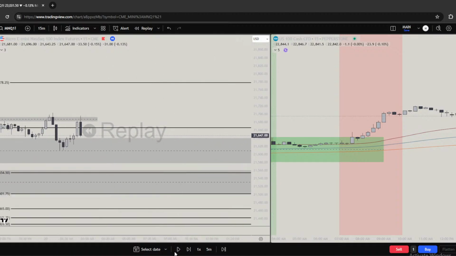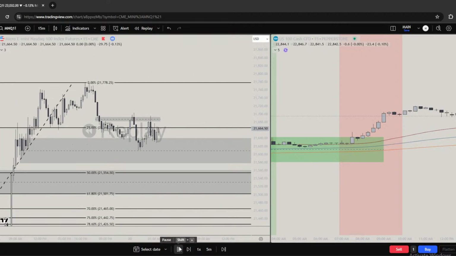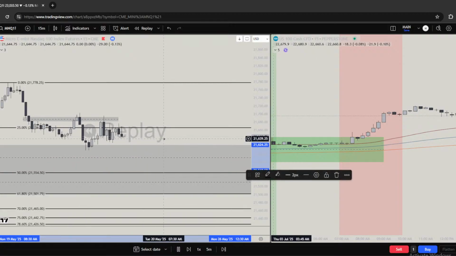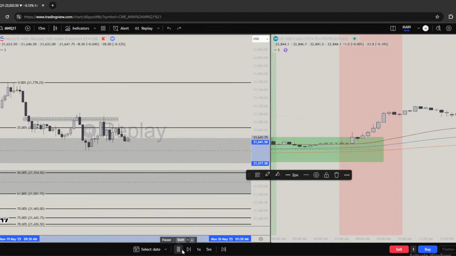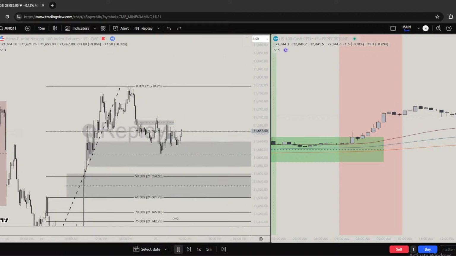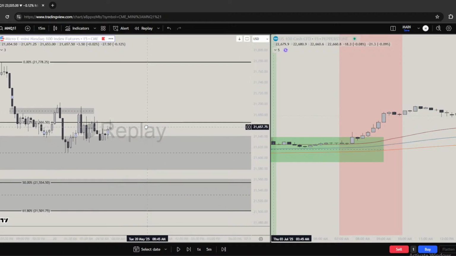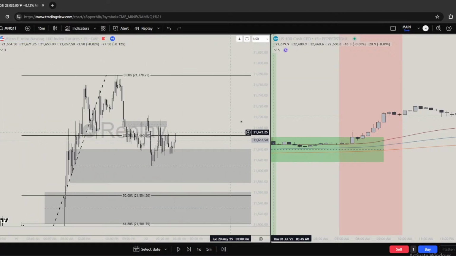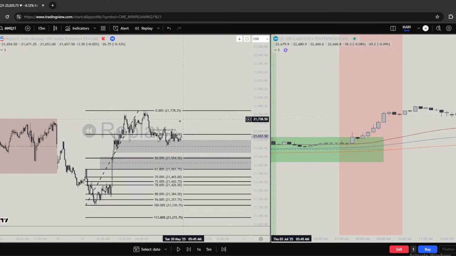Let me get another candle. We don't enter this yet. Price just keep falling off the table.